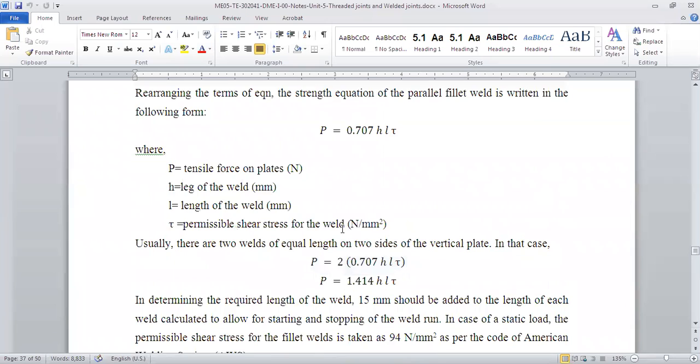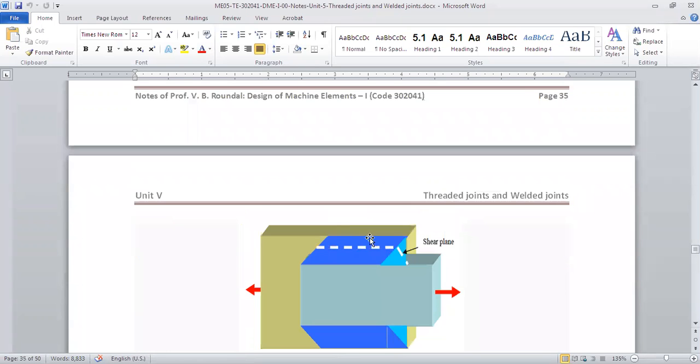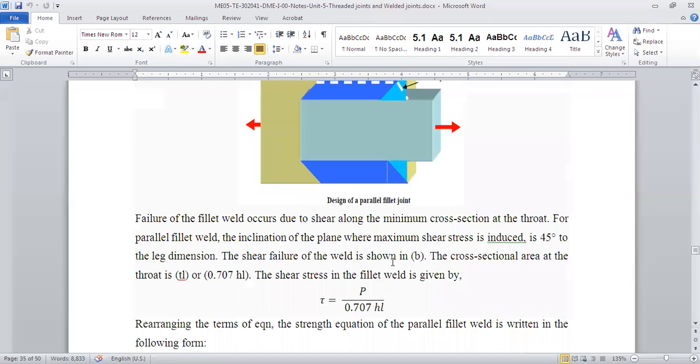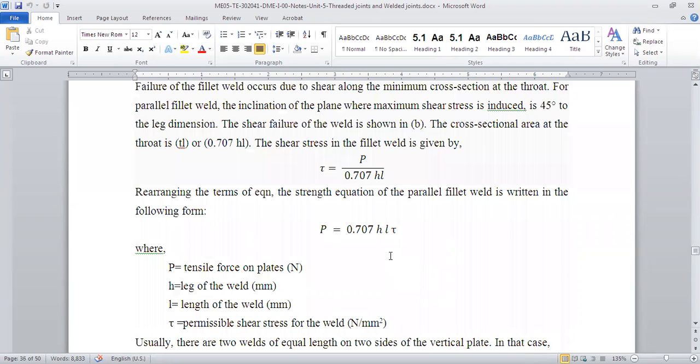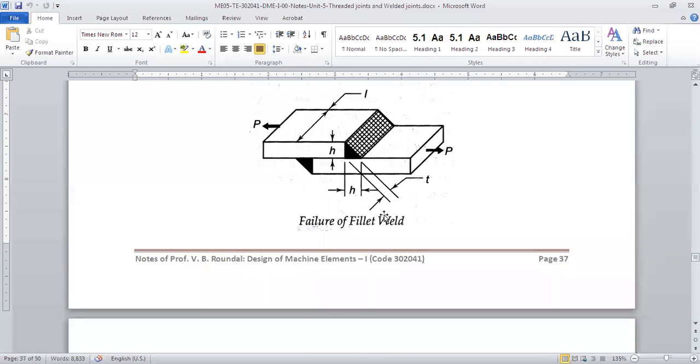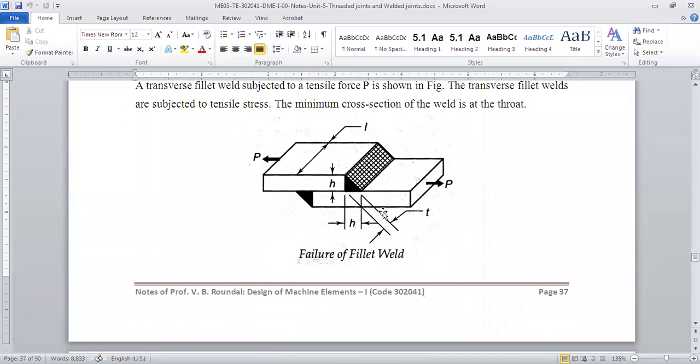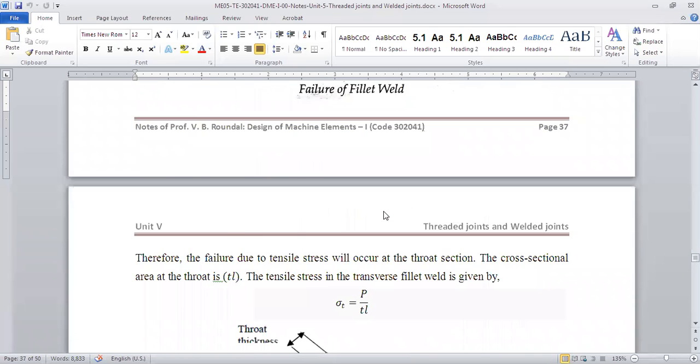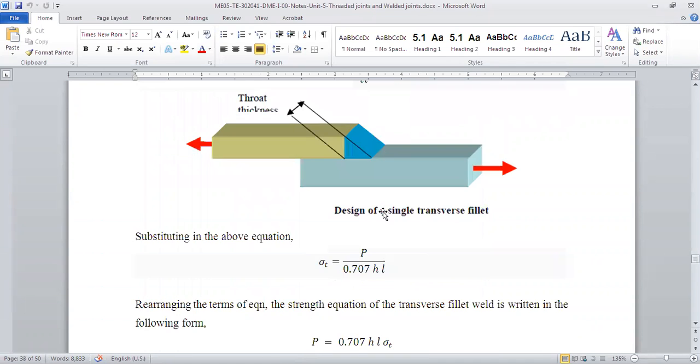In the case of parallel, the stress caused in the weld is shear stress, and in the case of transverse, the stress caused in the weld is direct stress or tensile stress. So sigma t will be used in that case. We have seen the formulas for those.